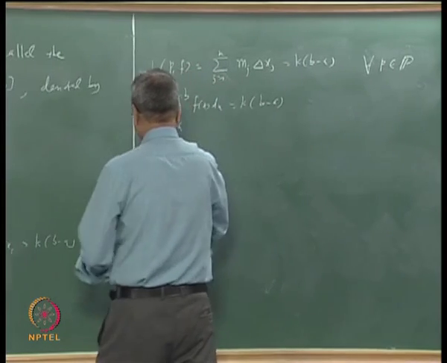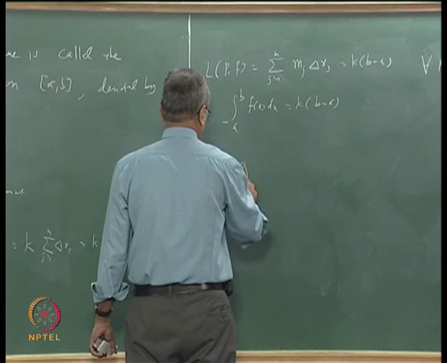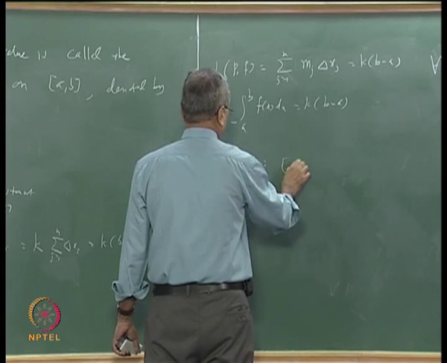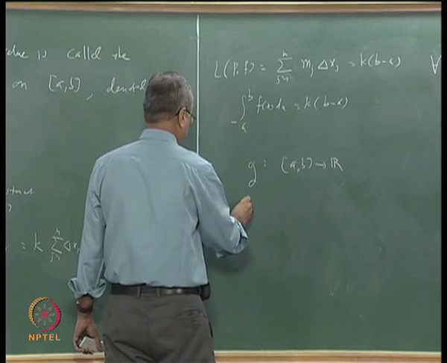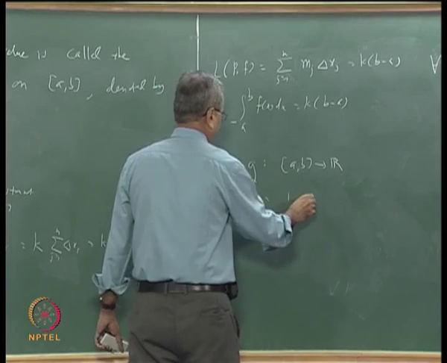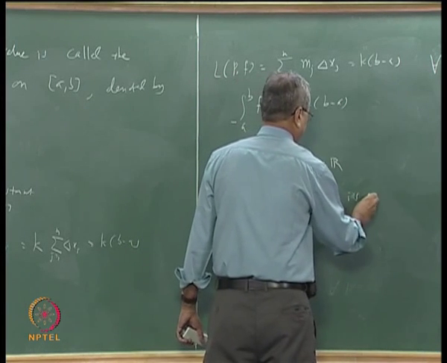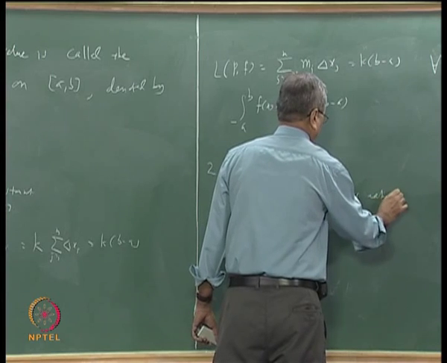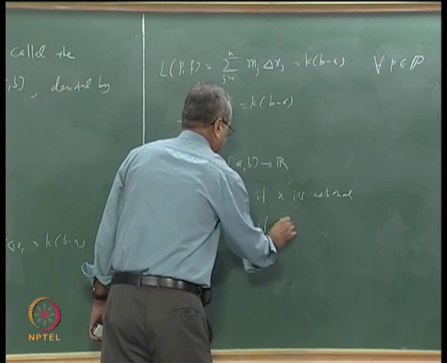Let us take one more example. Suppose g is defined as follows, g from [a, b] to R, with g(x) equal to 1 if x is rational and 0 if x is irrational.